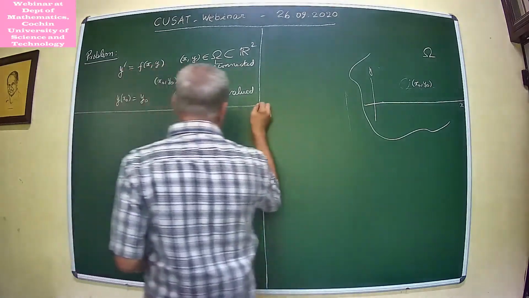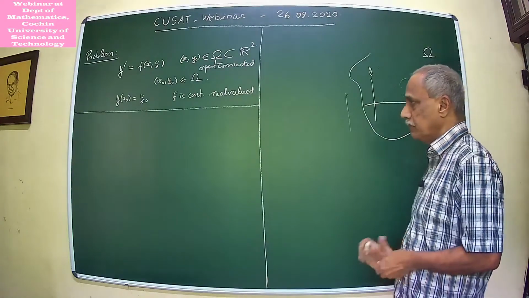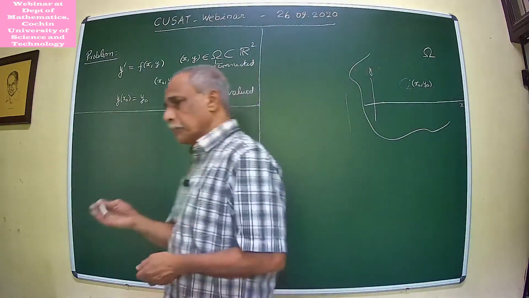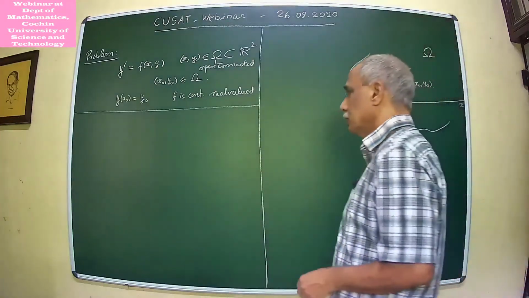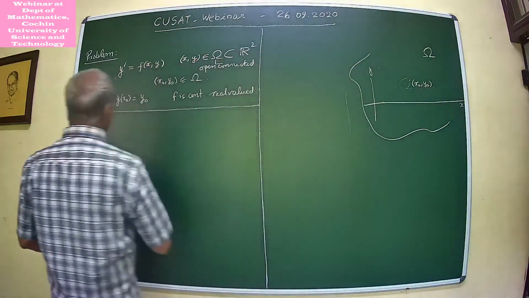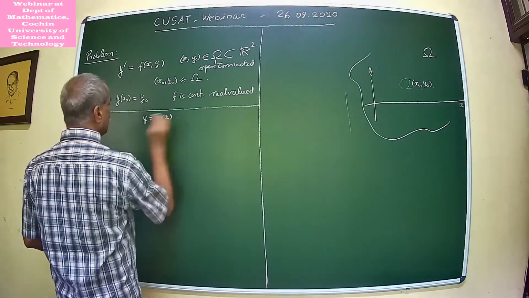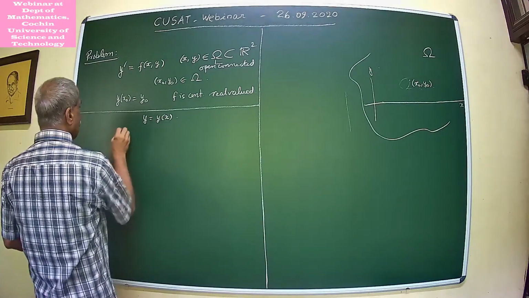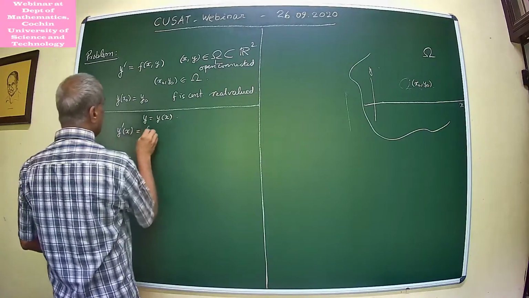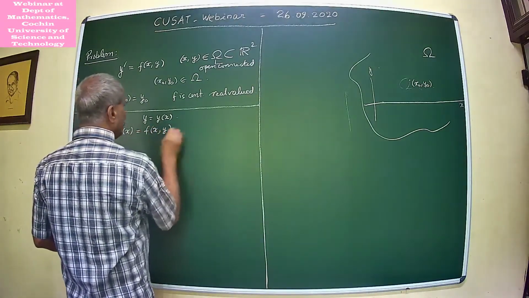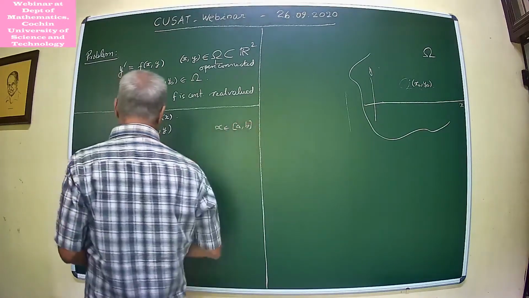What one does usually to attack this problem is the following. We convert this problem to an integral equation. This is Picard's method. If y equal to y of x is a solution of this, then you have y derivative of x equal to f of x, y for x belonging to some interval a, b.